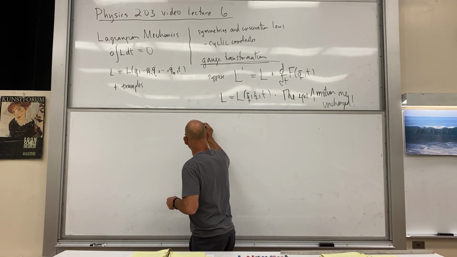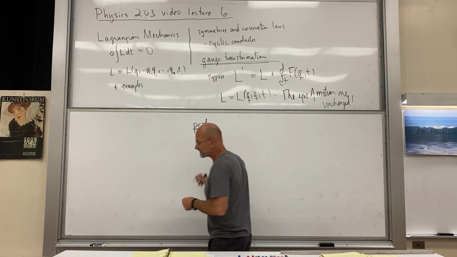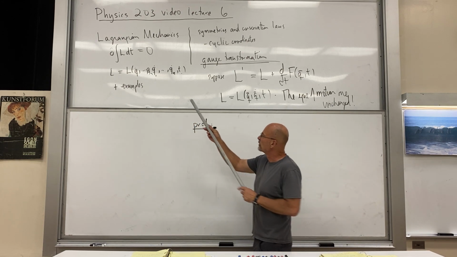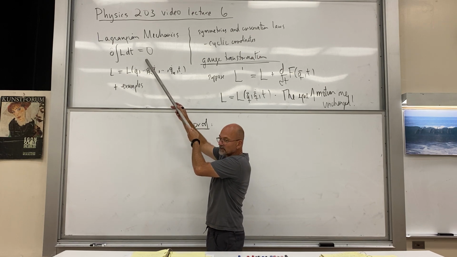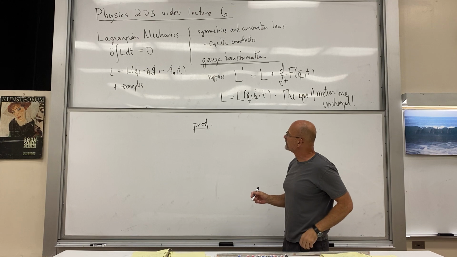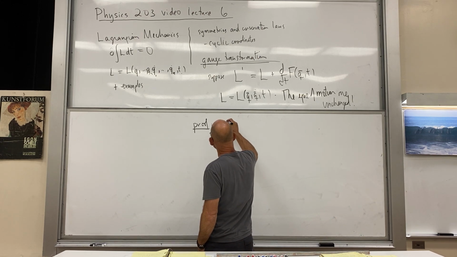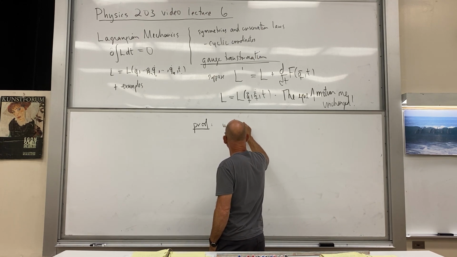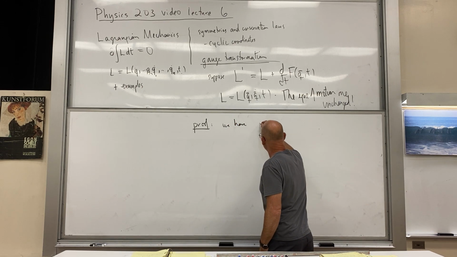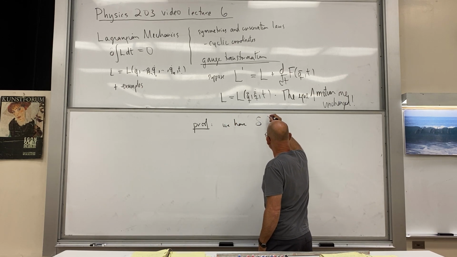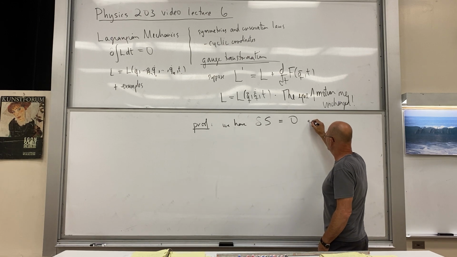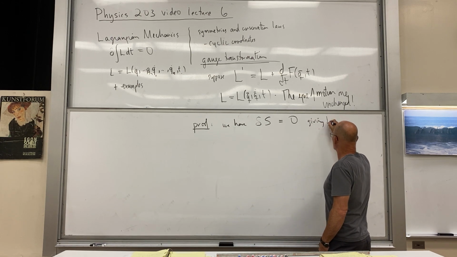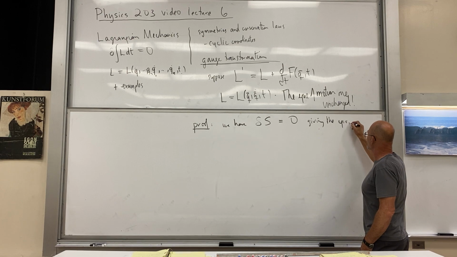So the proof that I want to talk about just depends on the fact that we have a variational principle. So we have the variation of the action equals 0, giving us the equations of motion.